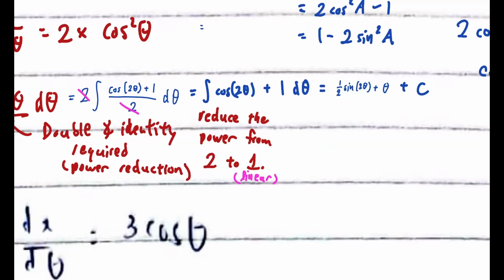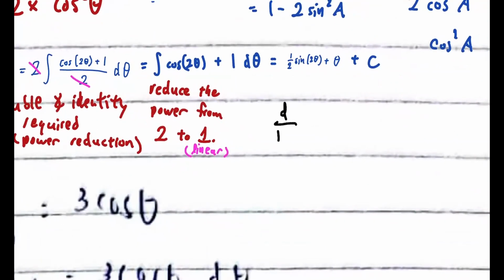Okay, I think I better explain a little bit. If I differentiate sine of 2 theta, it's actually just cosine 2 theta, but the chain rule tells you to multiply by 2.